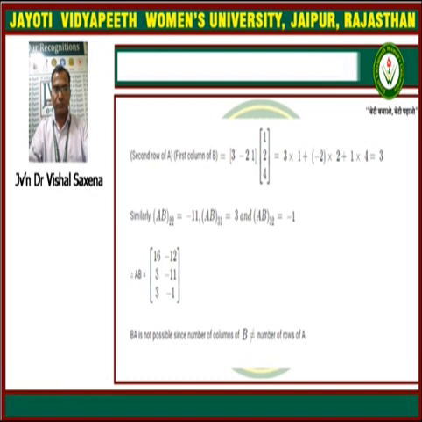Similarly 3 will come at the position of A21, means second row and first column. So in this way the matrix multiplication can be done. BA is not possible since the number of columns of B is not equal to the number of rows of A.